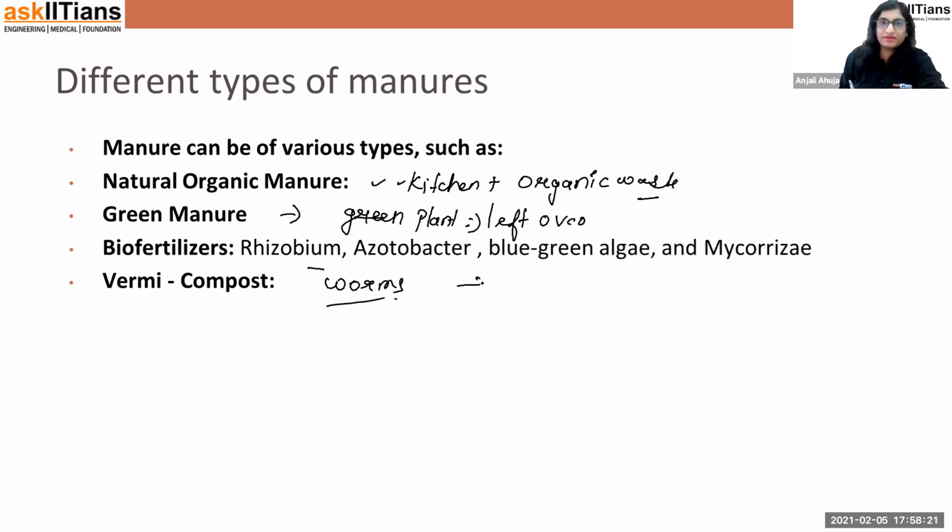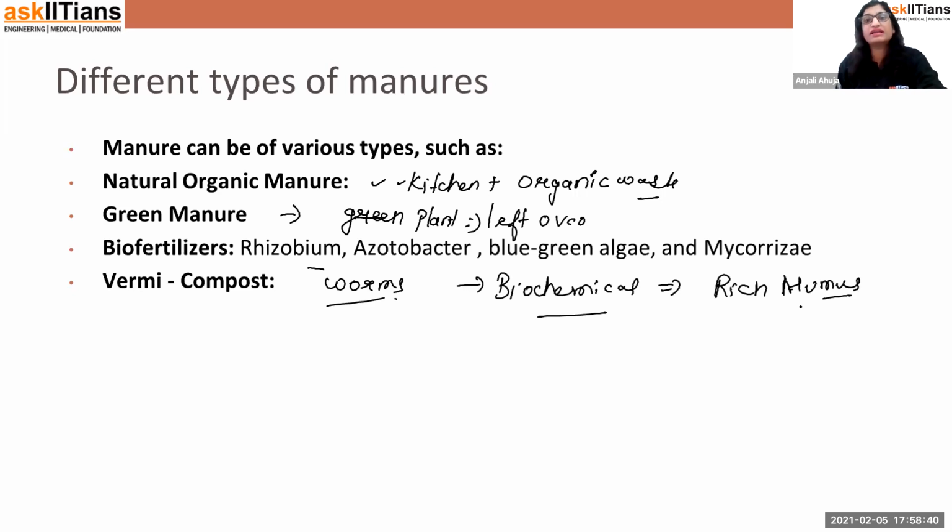They do certain biochemical changes. Suppose I'm using organic waste and putting worms into it. They will convert the waste in their intestine and make nutrient-rich humus, because they extract all the nutrients out of the waste and put them in the soil, if you are understanding my point. So they help in enriching the soil with nutrients.